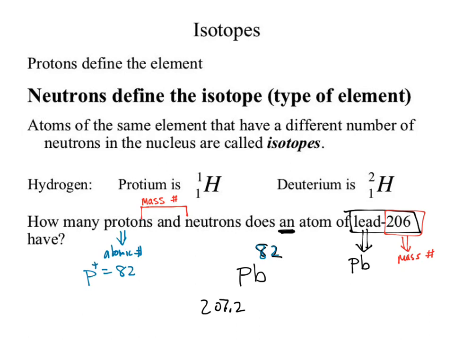Yes, it is an irritating nuance, but it is a valid nuance nonetheless. So we can take 206 minus 82, and I'm guessing you had 124 in the back. Is that where your 124 came from? And 124 is our number of neutrons.